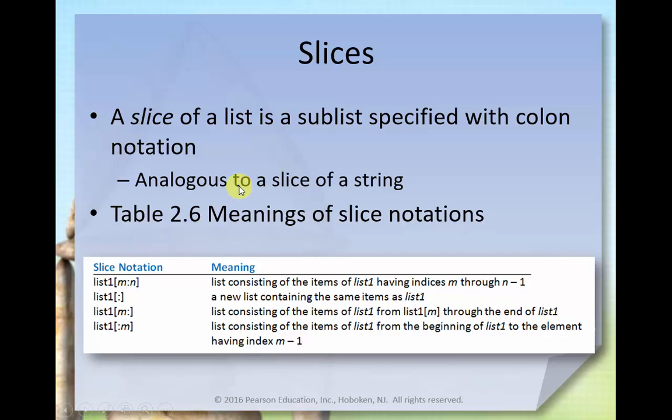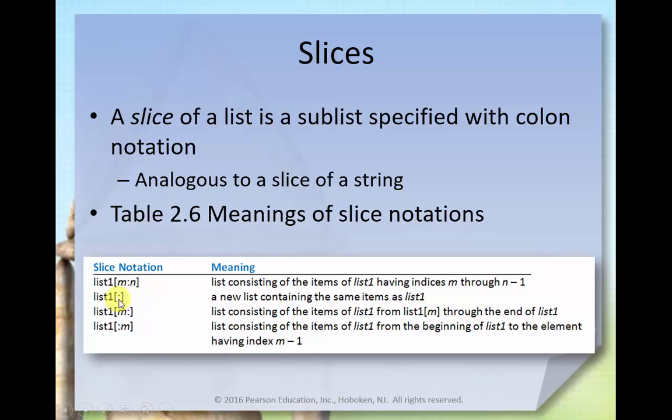Now, if you recall, when we were talking about strings, we had the ability to create a substring out of a string by doing something called slicing it, taking a slice out of it. And we can do the same thing with lists. It's got the same syntax using the colon notation. So we do the same exact thing where we can specify the positional values of the index, the beginning and the end.